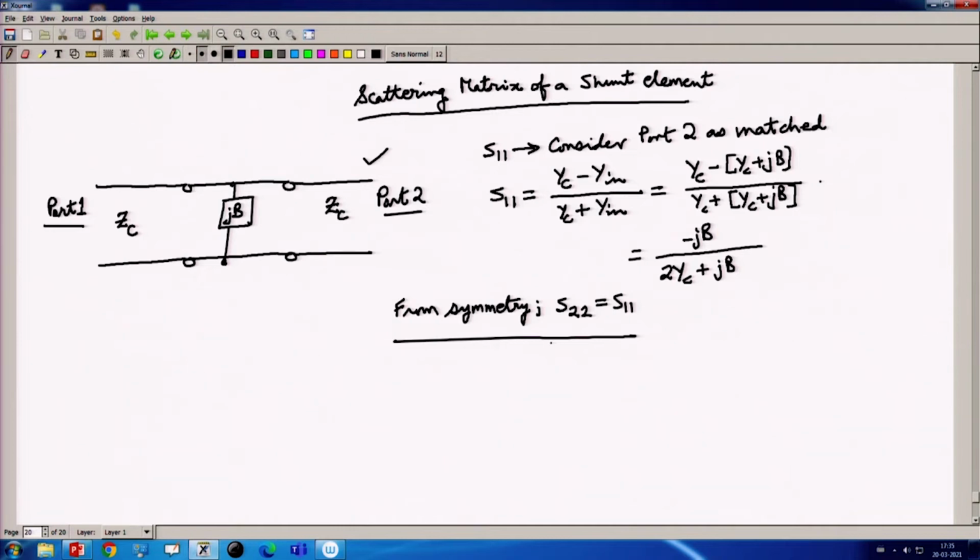So, S12 can be evaluated by using 18 and 19.